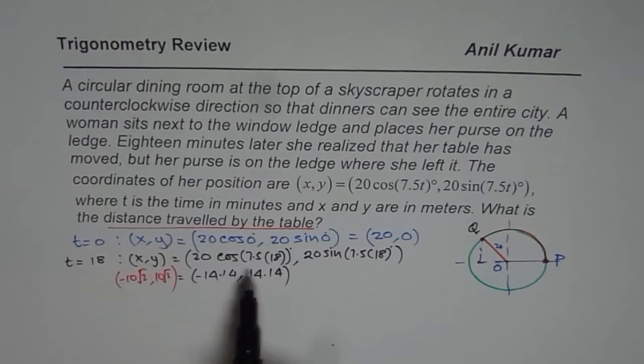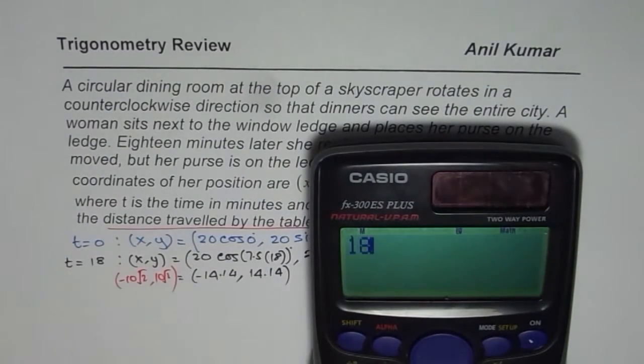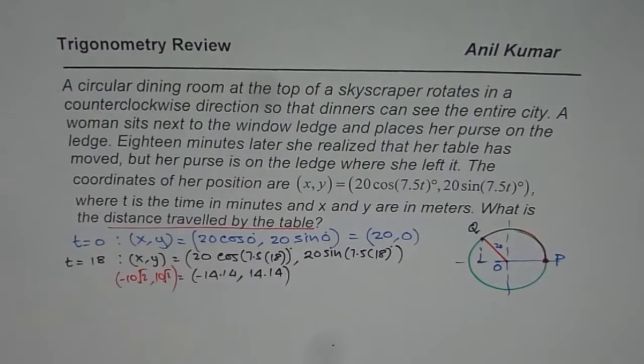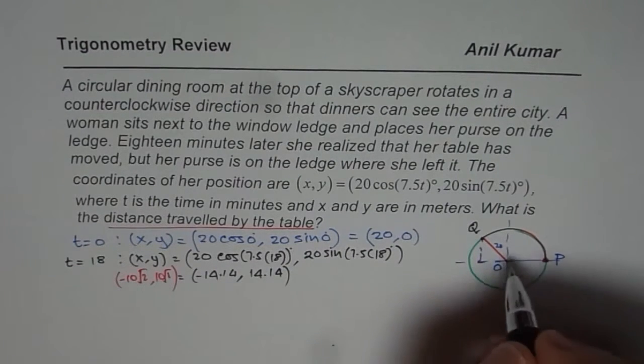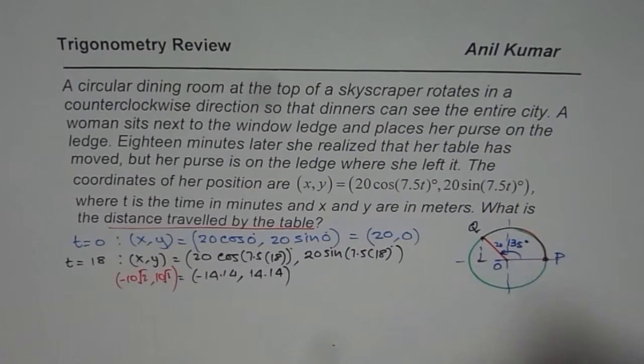As far as the angle is concerned, in degrees, you could also find the angle using 18 times 7.5. So we can say angle theta is 18 times 7.5, which equals 135. That is one way of finding the angle, the angle through which the table has turned. We'll use this simpler formula rather than the coordinate points and the acute angle and then calculating. So this angle is 135 degrees for us.